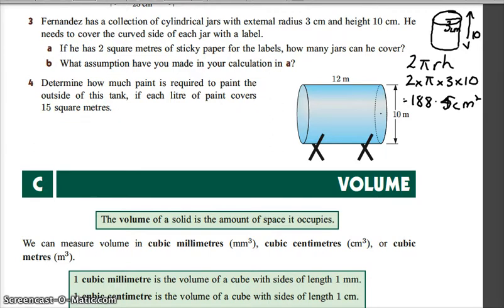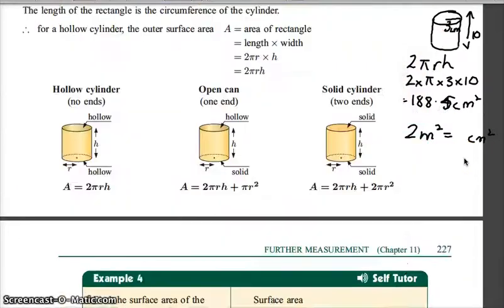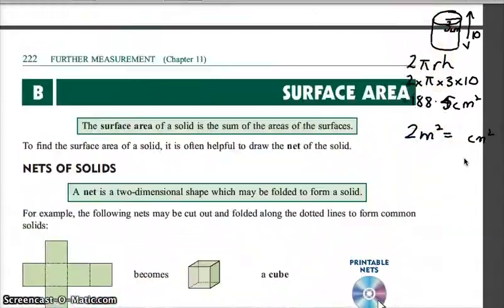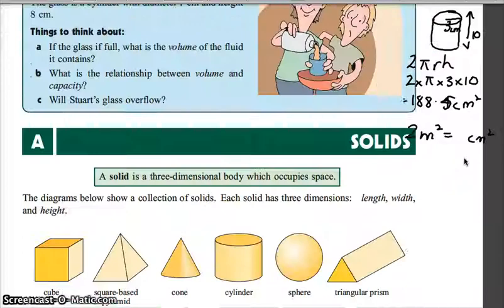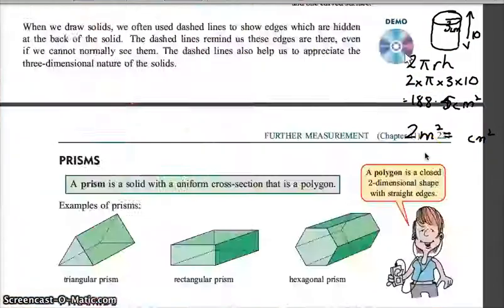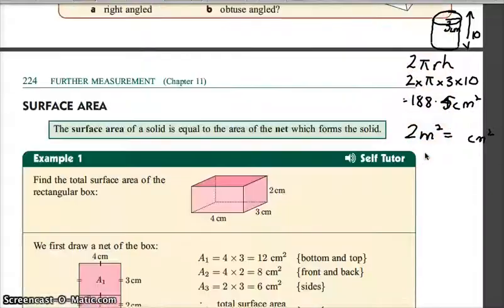If he has 2 square metres of sticky tape, so sticky paper, 2 square metres. So what's 2 square metres into centimetres? Well, that's what you need to know. So you go scroll back up and use your conversion charts, which is a long way back. So we're looking at square metres, that's even further back than that. So have you gone back to your area conversion charts on the previous chapter?